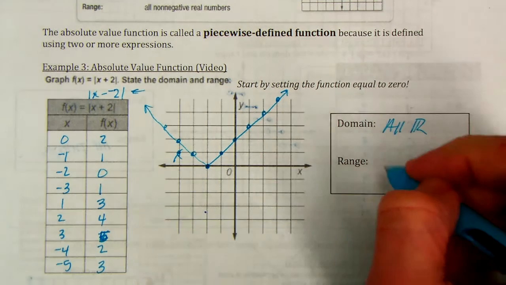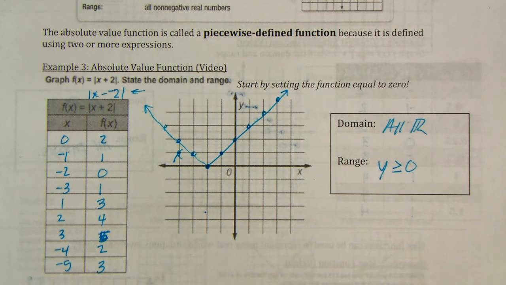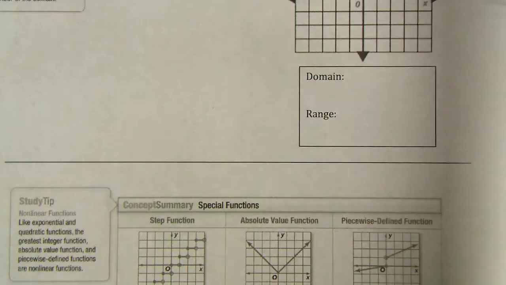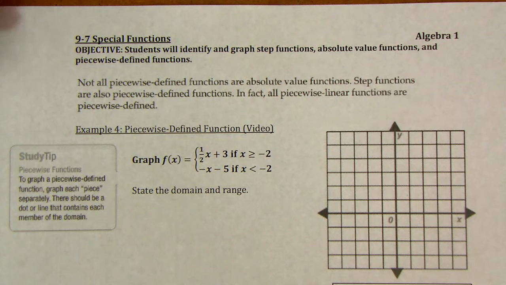All right, so moving on, let's talk about another one of these, a piecewise function. A piecewise function just means it's breaking it down for the different values of your domain, x. So you would graph a line that follows this.